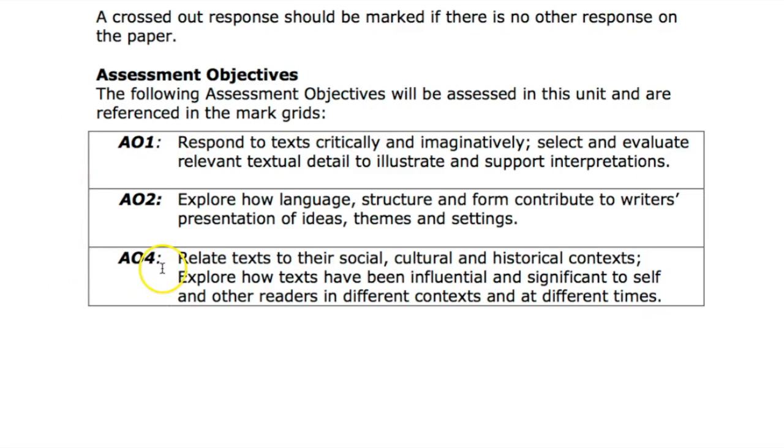Then let's jump down to assessment objective 4 here, which is: relate texts to their social, cultural and historical contexts. Explore how texts have been influential and significant to self and other readers in different contexts and at different times.